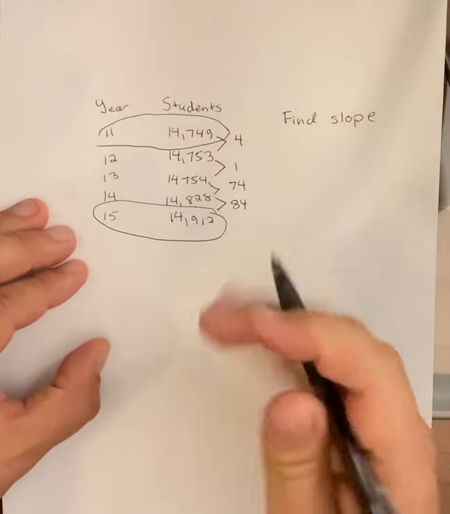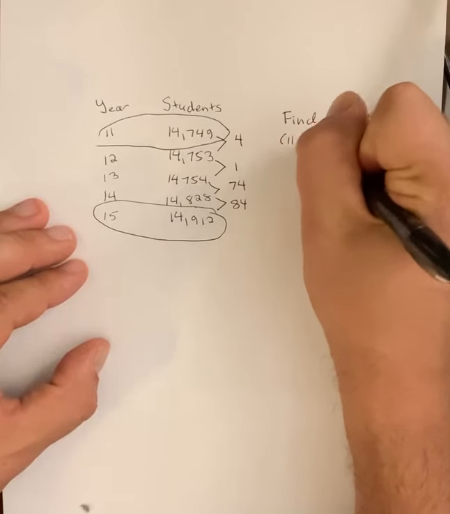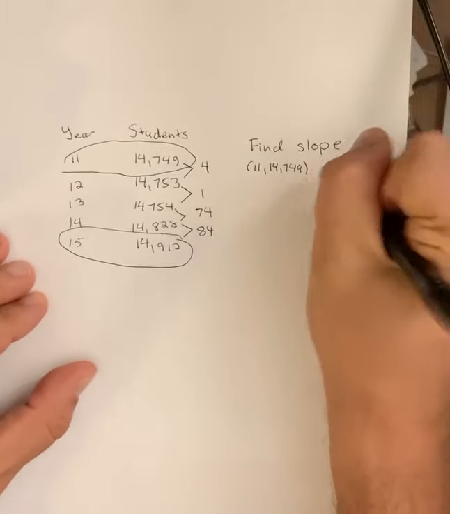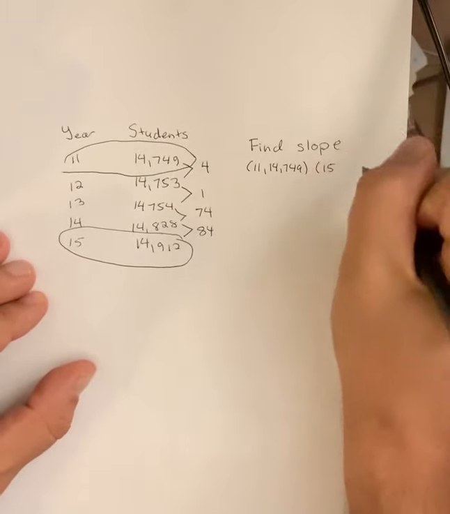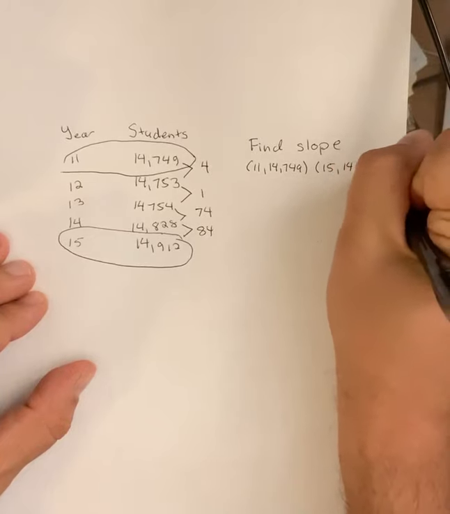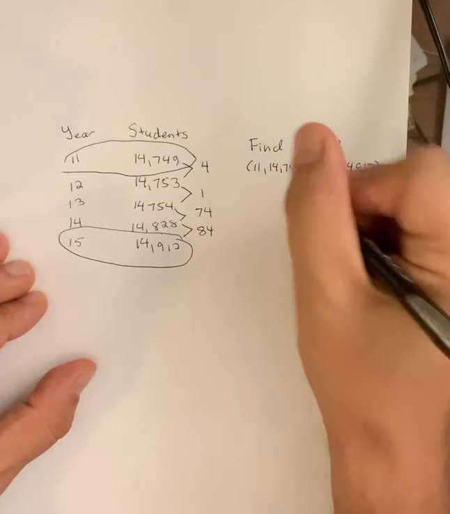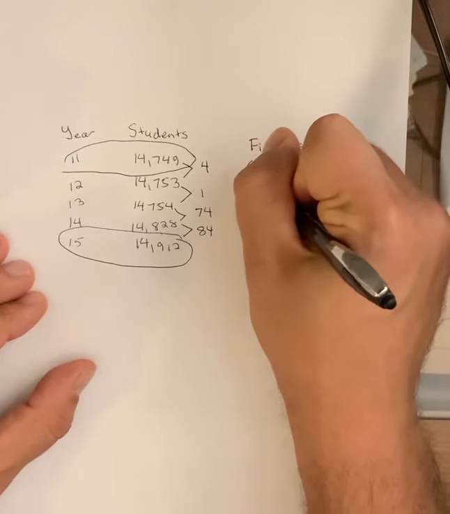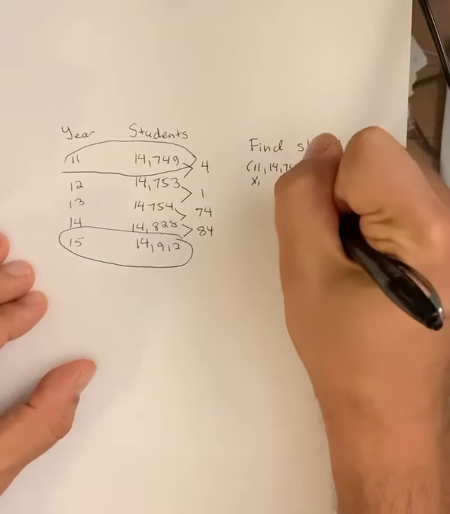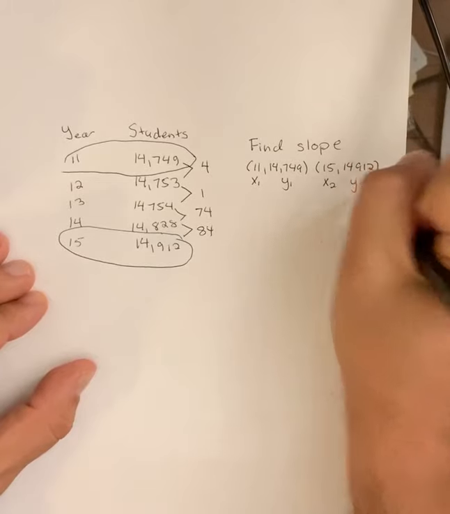So that means we have year 11 and 14,749, and then year 15 and 14,912. Again, we label our X and Y's: this is the first X and Y, so I put subscript 1 for both, and then this would become X2 and Y2.